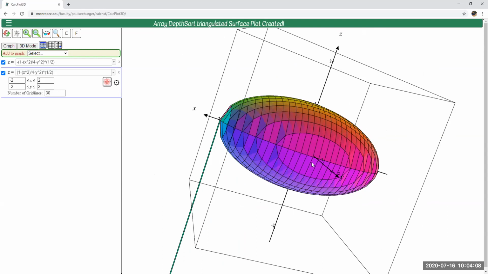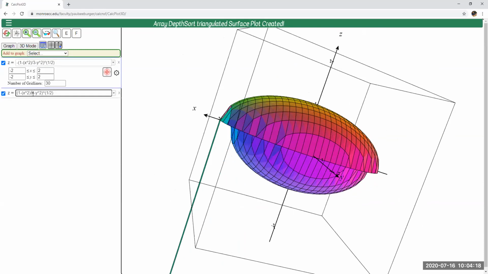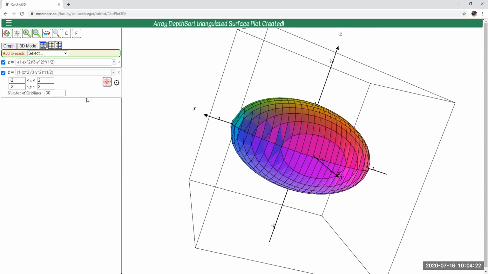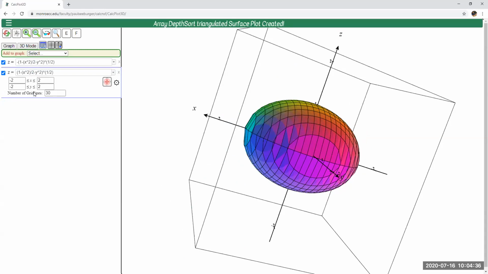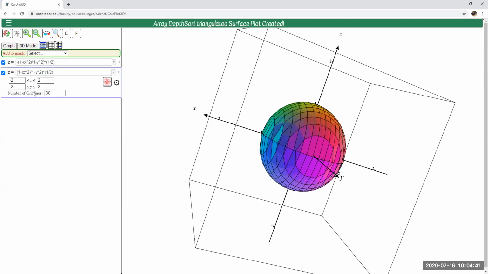So if we divide, for example, x squared by, say, 3, the amount which we push it in the x direction would become a little less, right? If we divide it by 2, you can see it's getting closer and closer to a sphere. If we divide everything by 1, we would get a sphere.